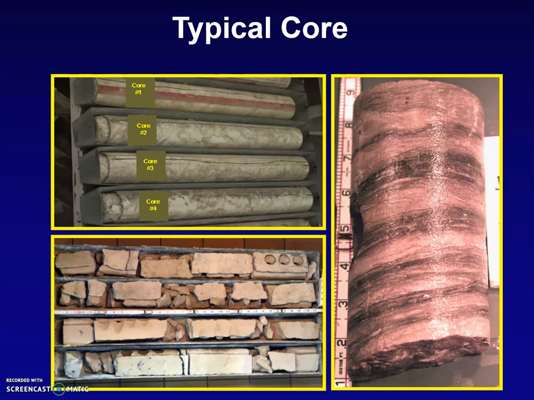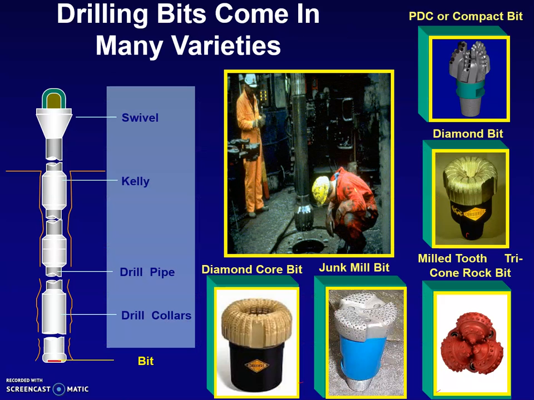Core samples we talked about. These are typical core samples that are drilled. Some of these drill bits can be used for coring. If you look at, for example, this one, the diamond core bit, it has a hollow space in the middle, and as you drill, it can take out a cylinder, a core sample of the reservoir, and bring it to the surface.